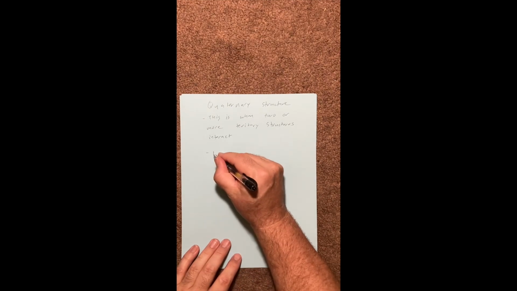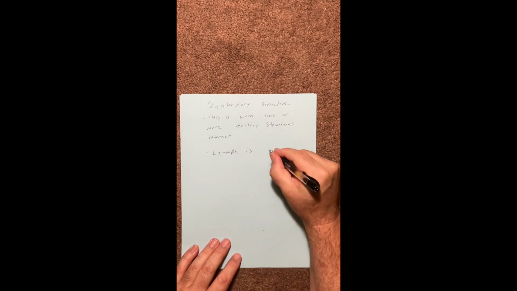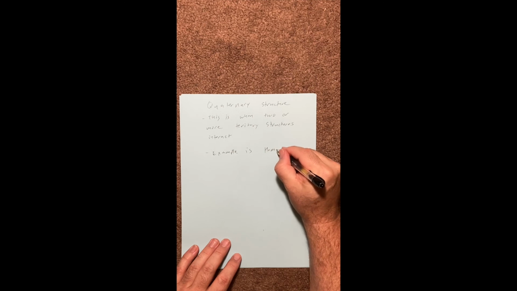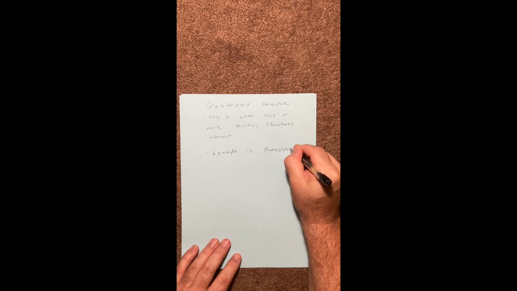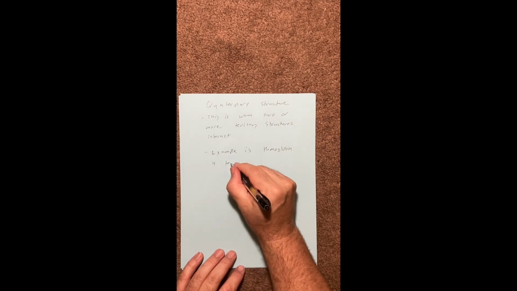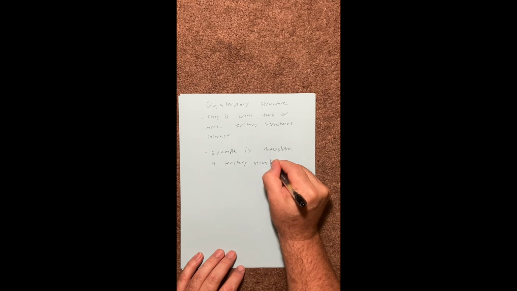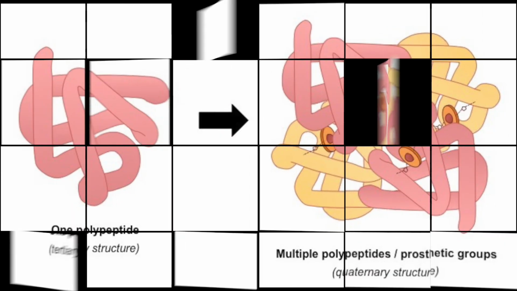And a good example is hemoglobin. It has 4 tertiary structures.